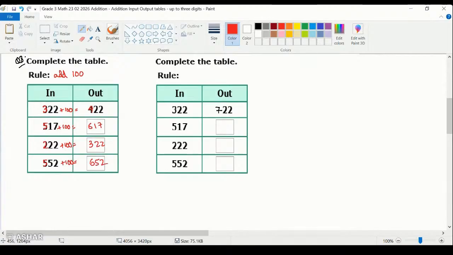Perfect. Thank you. The rule was the 100th position was changing from 3 to 7. That means 3 plus 4 is equal to 7, right? That means the rule was add 400. This is our question number 9.